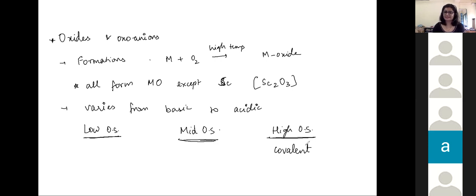Higher oxidation state, higher polarizing power, so it has a greater covalent nature. And lower oxidation state, in turn, is going to have more of an ionic nature. So on this basis, can you predict the basic and acidic nature of the oxides?